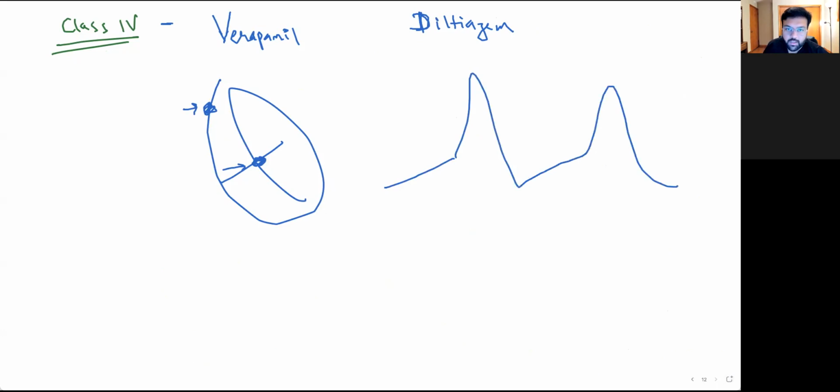If this is your pacemaker potential, you will have this part which has T type calcium channel and this part which has L type calcium channel. So you are prolonging both phase 4 and phase 0. So there is a decrease in the slope of phase 0 and phase 4. That's the classic thing about calcium channel blockers.